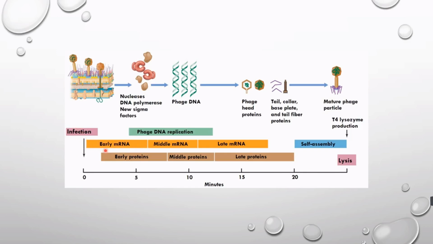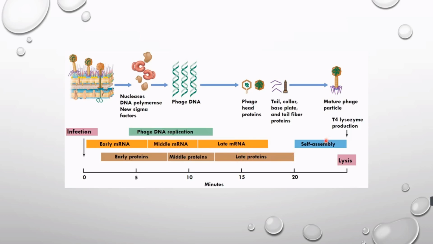This is DNA coming into the cell, going to hijack the host cell machinery and produce early RNA, which produces early proteins. Then we have mid-phase proteins being manufactured, and then late RNA followed by late proteins.